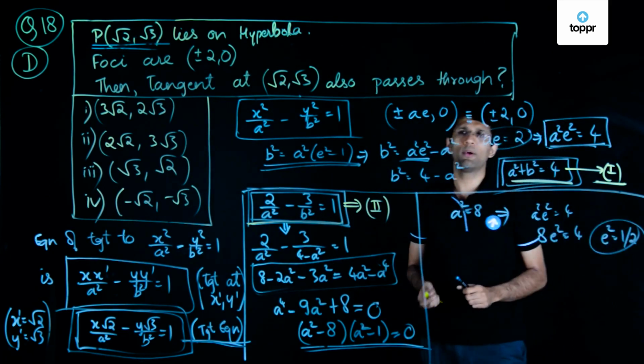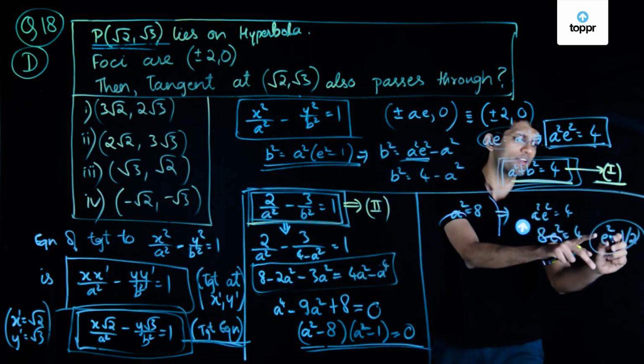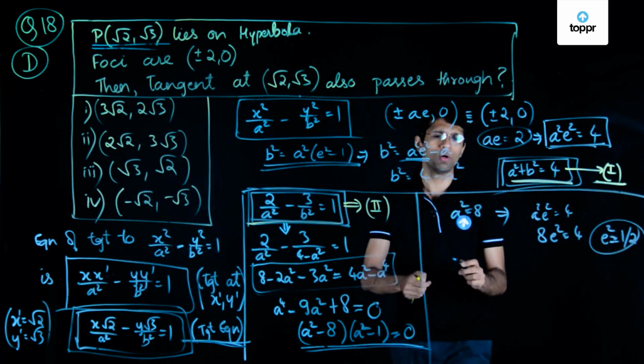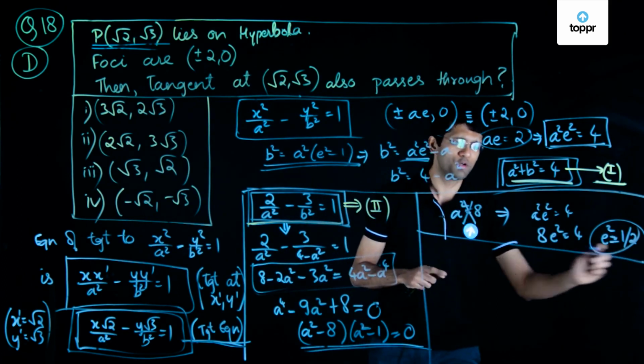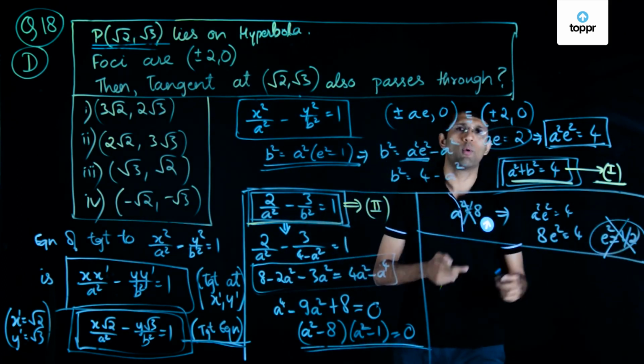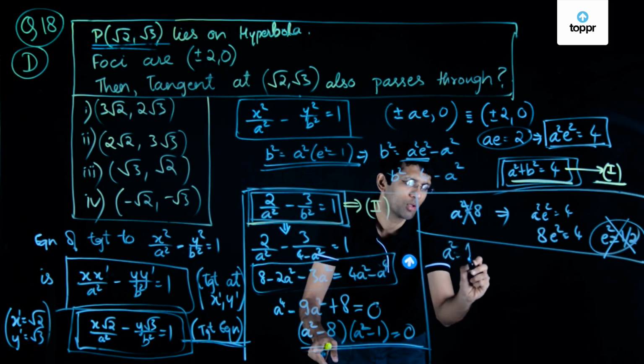But we know that for a hyperbola, the eccentricity square can never be less than unity. The square of eccentricity is always greater than unity. And so, a square cannot be equal to 8. So we discard this solution, and therefore conclude that a square is equal to 1.